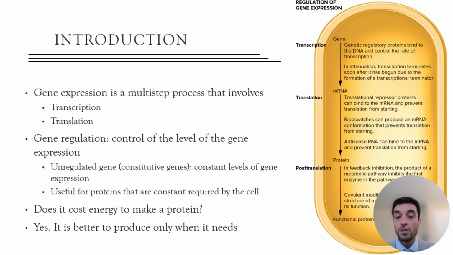So yes, it costs energy to produce. Also, we're going to use a bunch of nucleotides and amino acids to produce these mRNAs and proteins. Because it costs energy to produce, it's better to produce only when it's required.